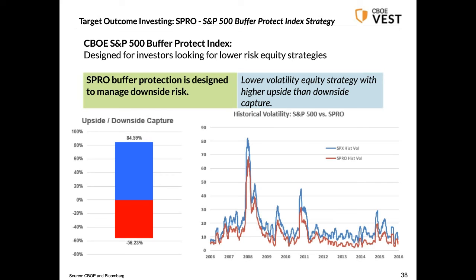It won't beat the S&P 500 over the long market cycle, but it does give you less downside participation. And this type of strategy would fit in a portfolio in a similar way that you might use any other lower volatility type strategy. You can see in the chart on the right that the risk, the standard deviation of returns, which is the conventional way of looking at risk, is lower than that of the S&P 500.